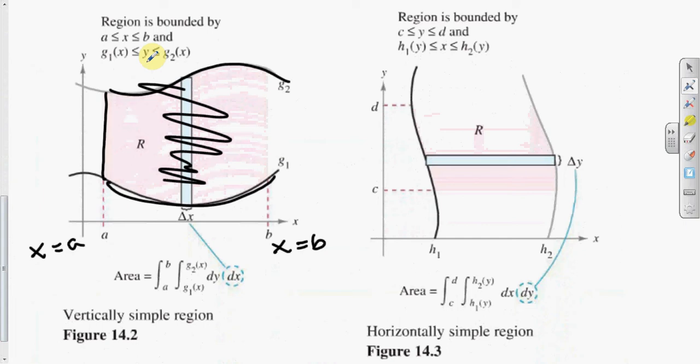When you're integrating, see how this says the area is equal to the integral from a to b, and then the integral from g sub 1 to g sub 2. It says dy dx. Here's the key. Go over here to the horizontally simple, it's the integral from c to d, and then the integral from h sub 1 to h sub 2.